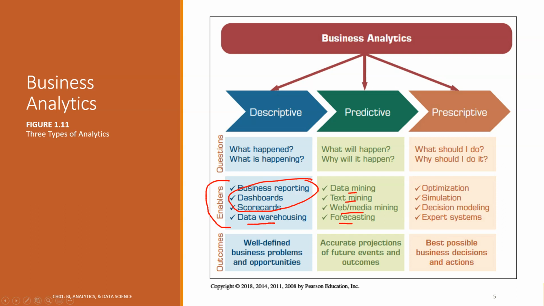We'll talk about these briefly as well. And then, of course, in that prescriptive area, that's when we get into optimization, simulation, decision models, and expert systems. And some of these overlap. So sometimes you might use simulation for predictive analytics. Optimization could work as well, but really simulation works more in that arena.